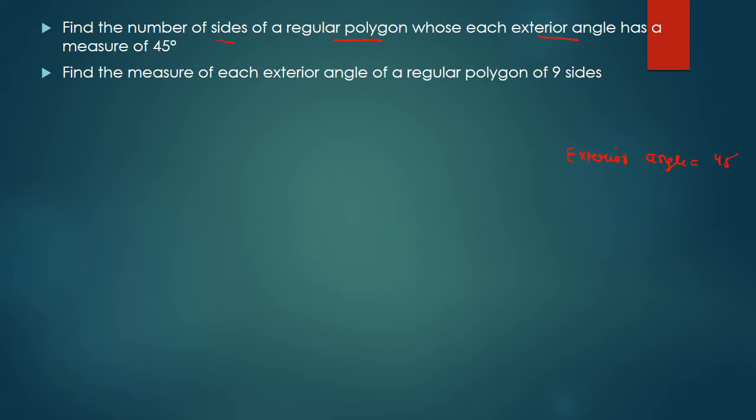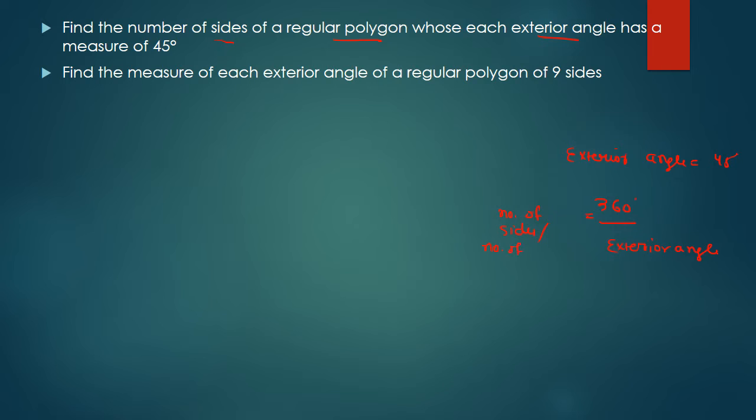So the formula becomes 360 degrees, because the sum of all the exterior angles is 360, and if you divide it by one exterior angle, it will give you the number of sides, or we can say the number of exterior angles.